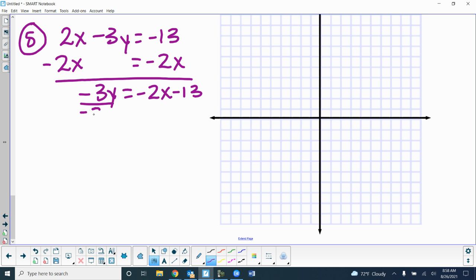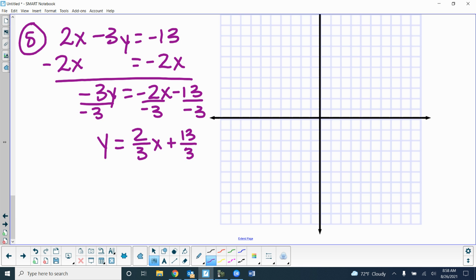And remember, when you divide by negative 3, it's everything. Not just the 2x, but the 13 as well. Two negatives make it a positive 2/3, and two negatives make it a positive 13/3.